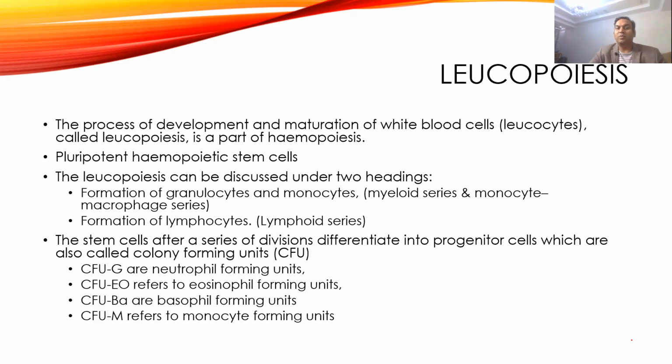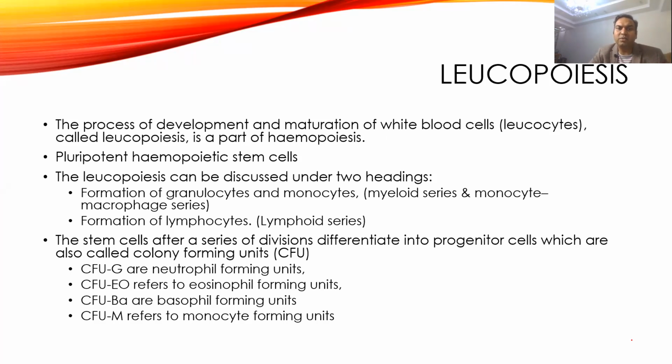Okay. Now come to leukopoiesis: the function, structure, and how it is formed. First, the formation of leukocytes. The sites are the same as the sites for erythropoiesis, so first the liver, then bone marrow. It is also formed from the common cell, the pluripotent hemopoietic cell.